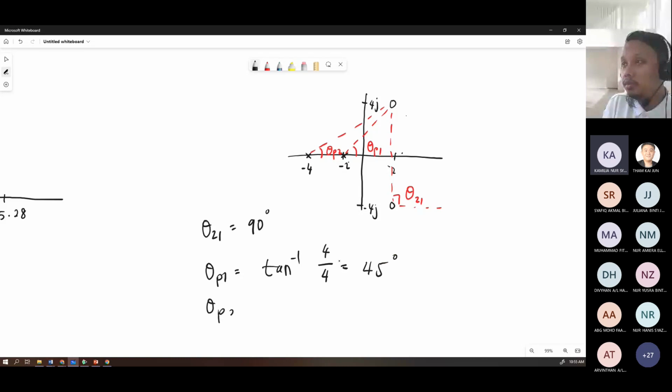And then theta p2, also tangent minus 1, but now it's 4 over 6, this length. So it's 33.69 degree.